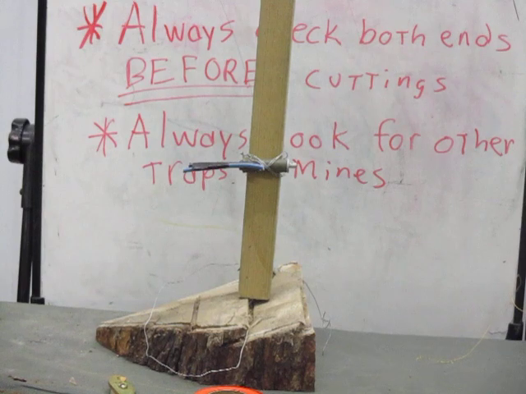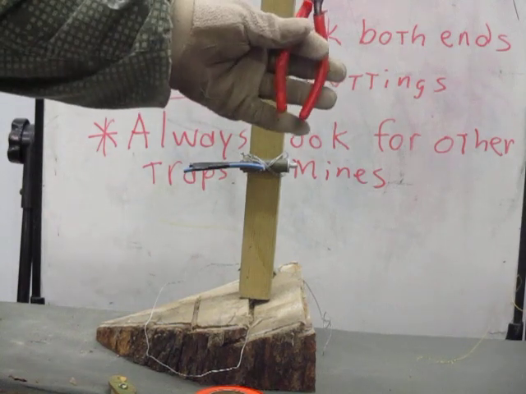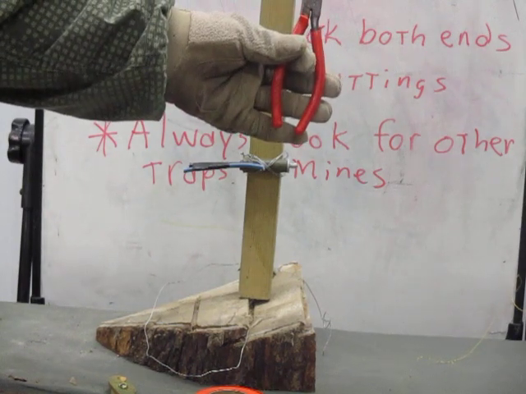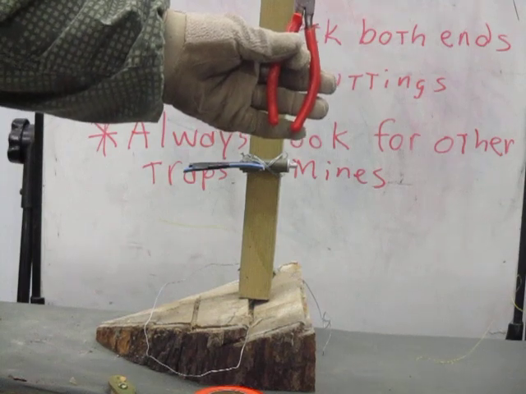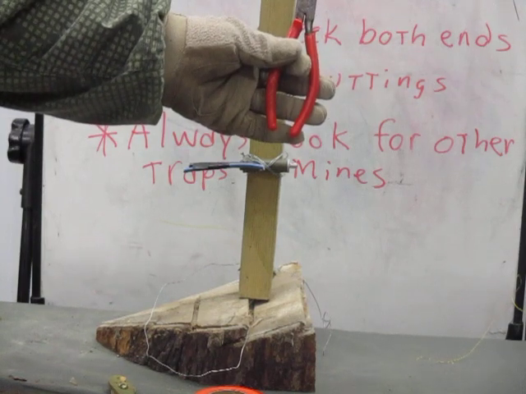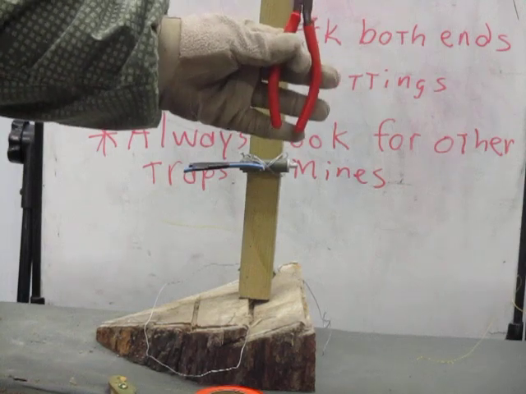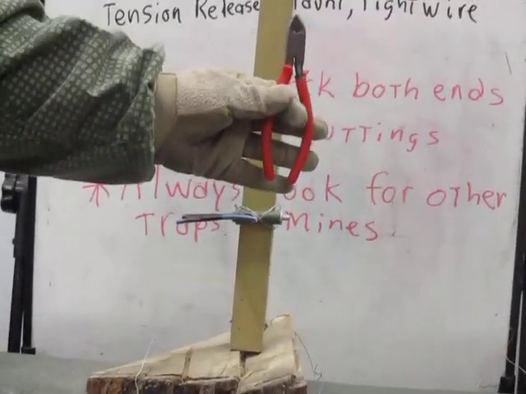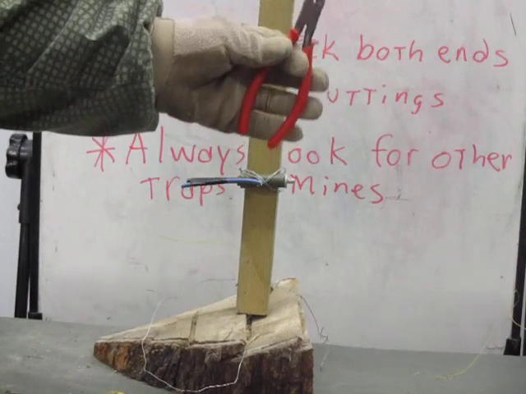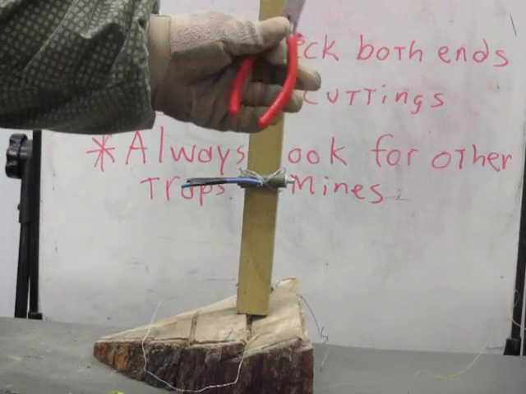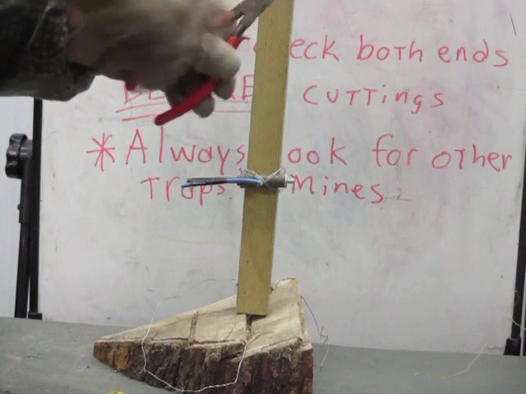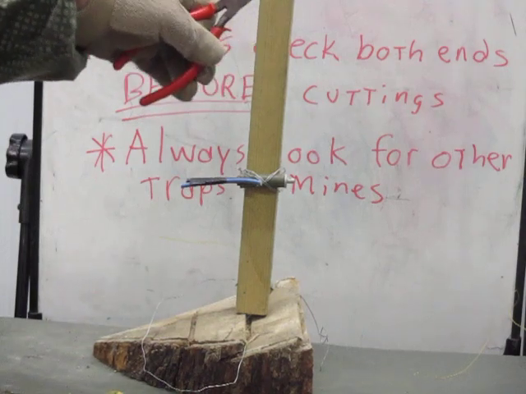Another thing I recommend, diagonal pliers. The Viet Cong booby traps video from Vietnam said to use lineman's pliers. I've personally found this little baby works a lot better for deactivating electrical wires, because with this, I've got a narrower point on the end. I can get in there.